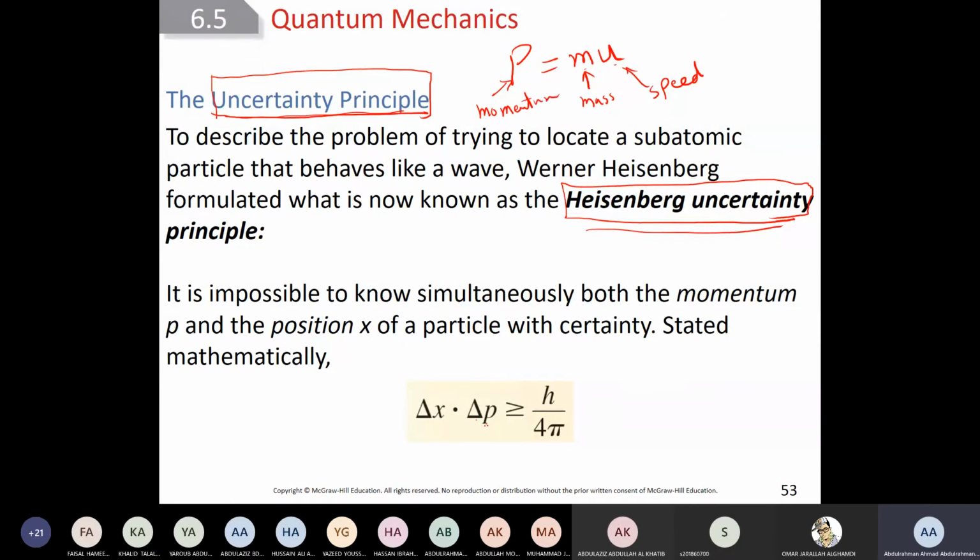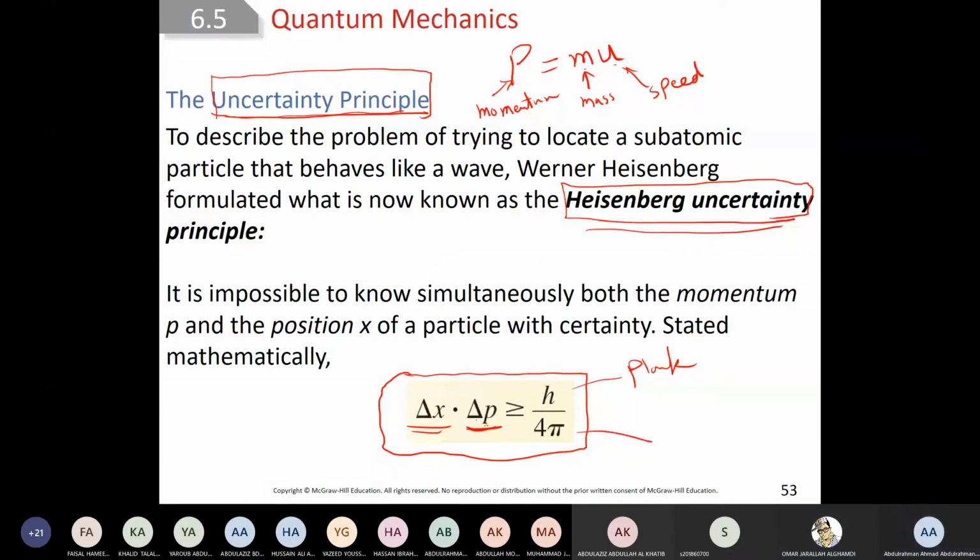All right, so the error in distance times the error in momentum, or mass times speed, is greater than or equal to h, the Planck constant, divided by 4 pi.